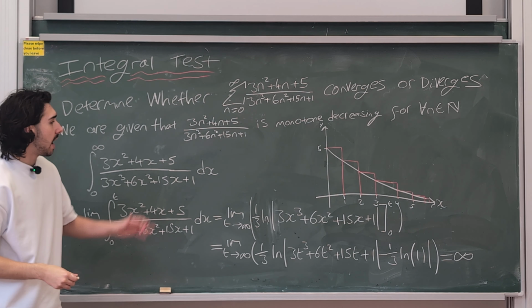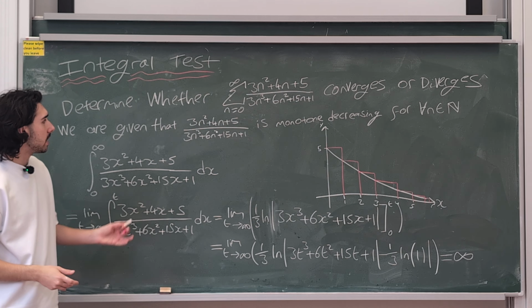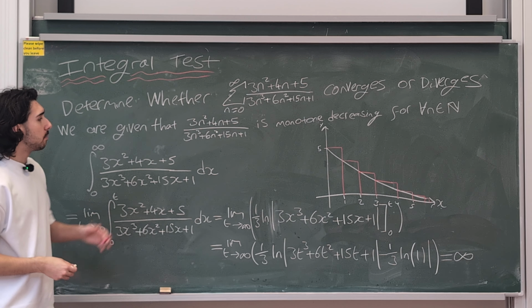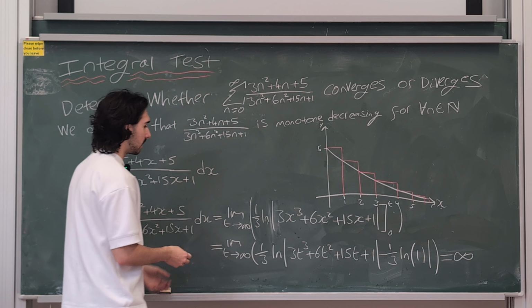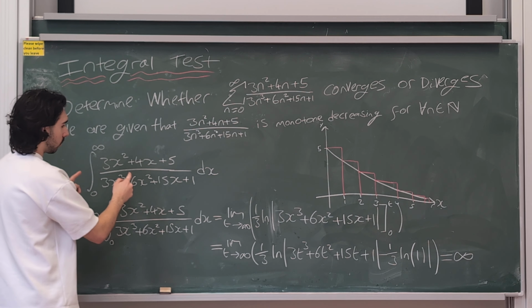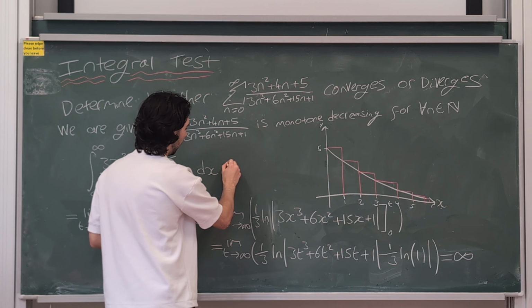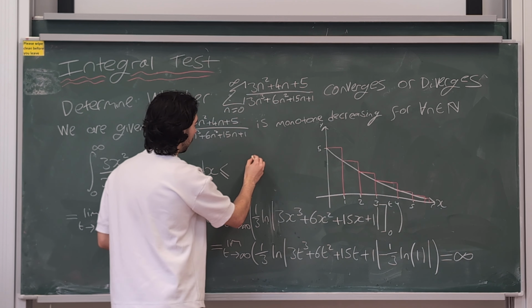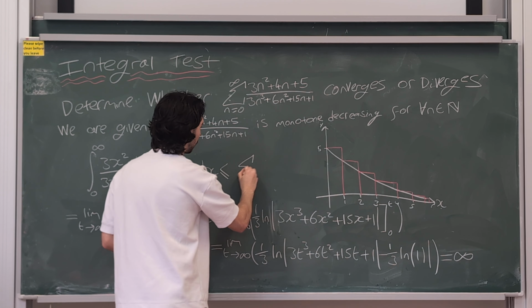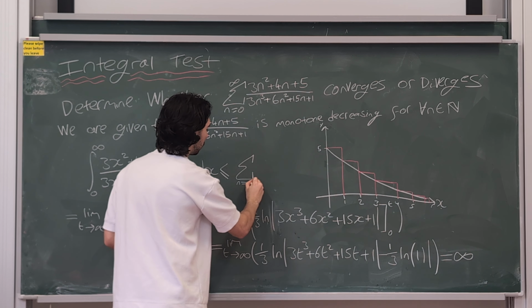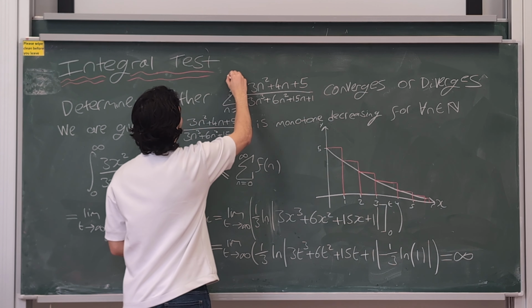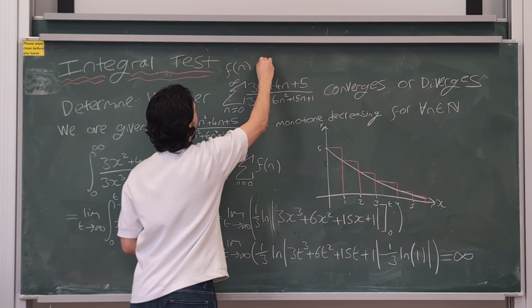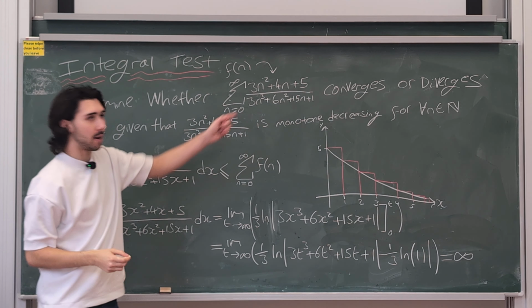This here is the sum from n equals 0 to infinity. But we can see that this is bigger than the integral. So what I'm basically saying is that this integral here is less than or equal to the sum. I'm just going to shorthand this one, n equals 0 to infinity. I'm just going to call this one f of n, where f of n is just this thing here, so I don't have to write out that whole fraction.